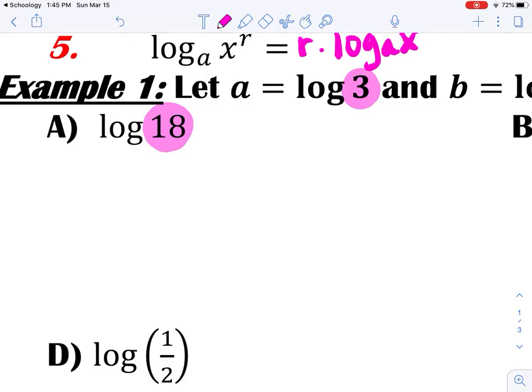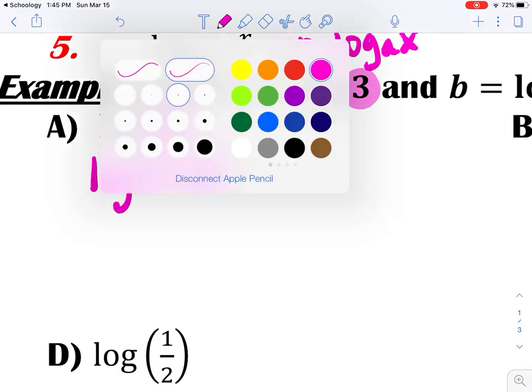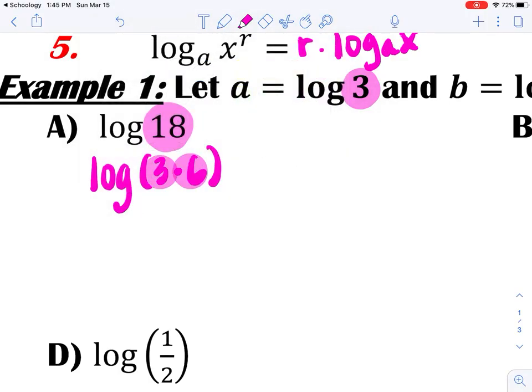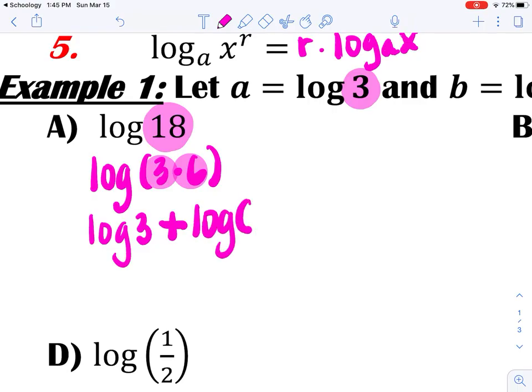That is not correct. This breaks into common log of 3 times 6. Now I can break this argument into multiplication, 3 times 6. That means I can break this into two logs: common log of 3 plus common log of 6.